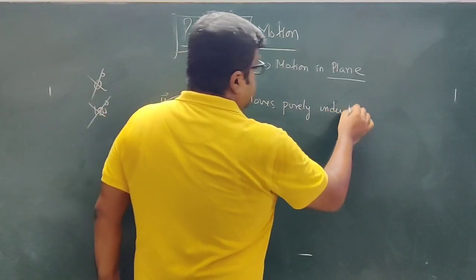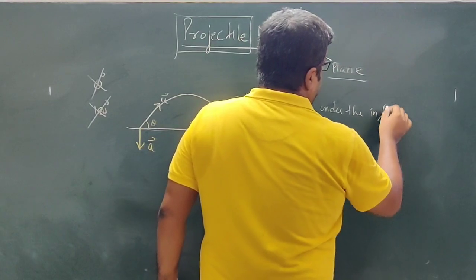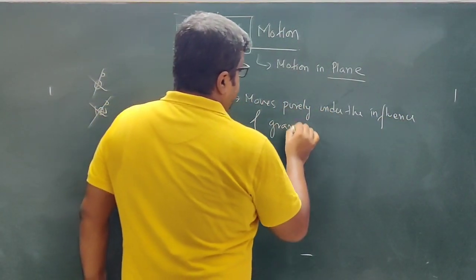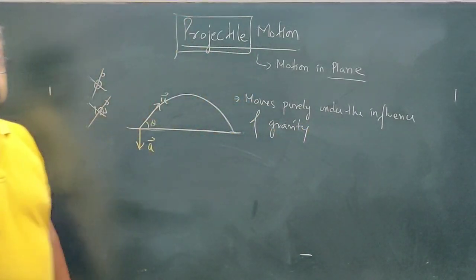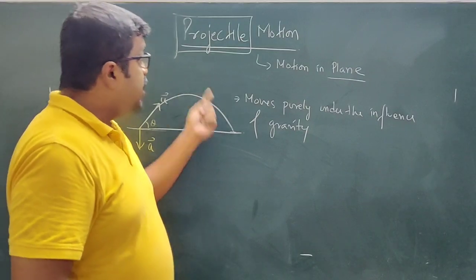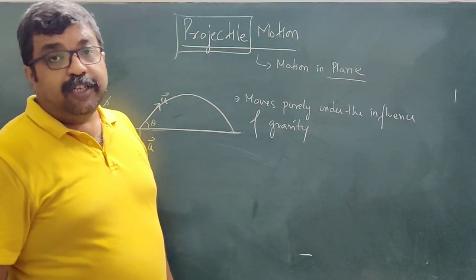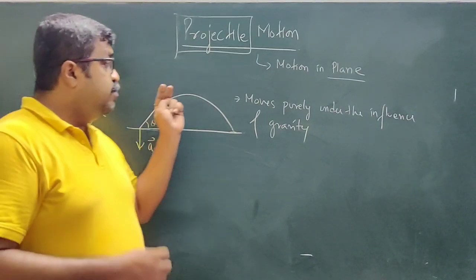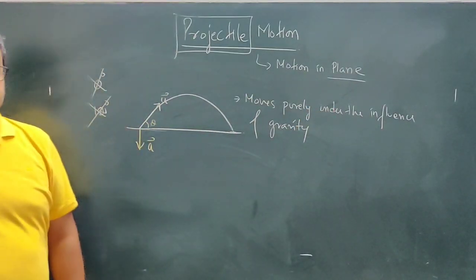This is one condition for an object to be called a projectile and the motion to be called projectile motion. Projectile motion is the kind of motion where the object moves purely under the influence of gravity.